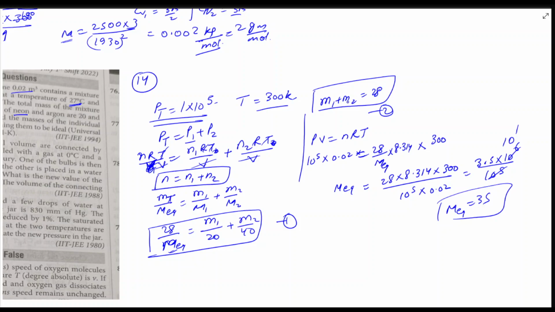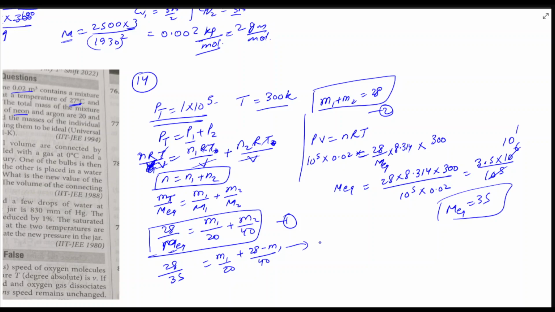If I put M2 as 28 minus M1, so it will be M1 plus 28 minus M1 upon 40, 20, 28 divided by 35, right? So what will we get?